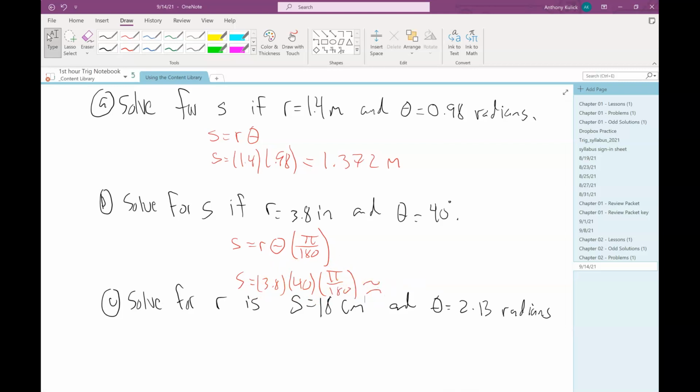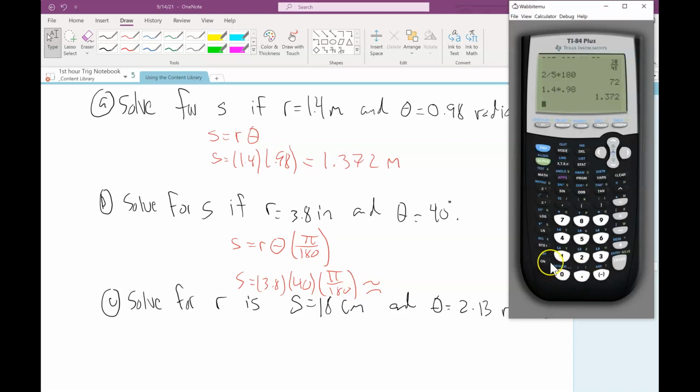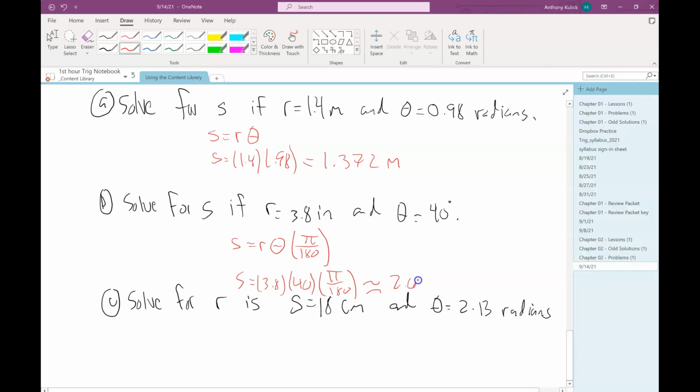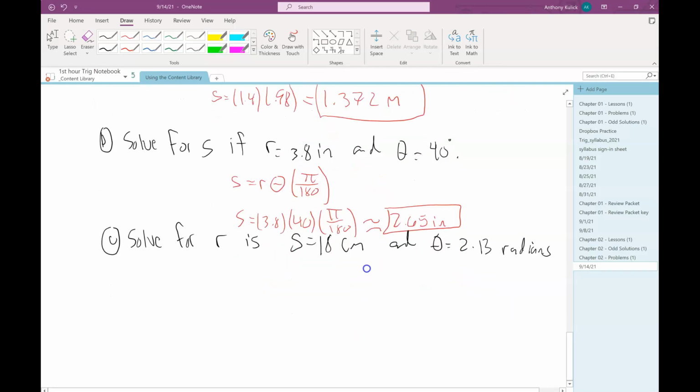If I type that into my calculator, 3.8 times 40 times pi over 180 gets me about 2.65. And since the radius was in inches, this arc length should be in inches.